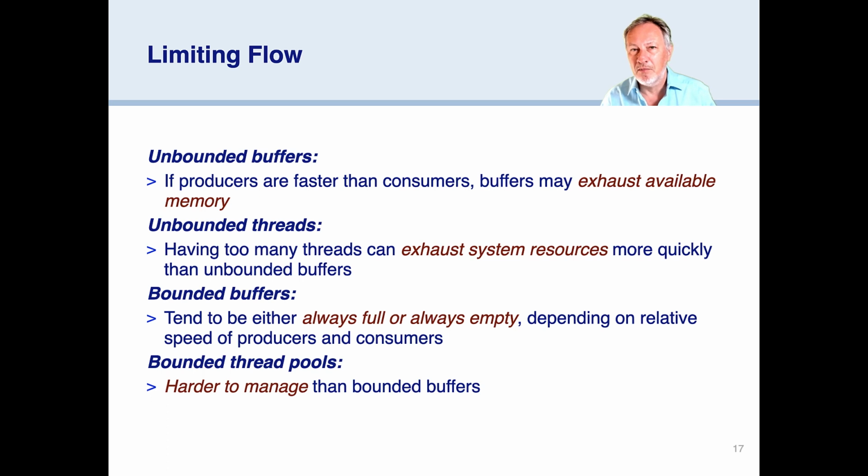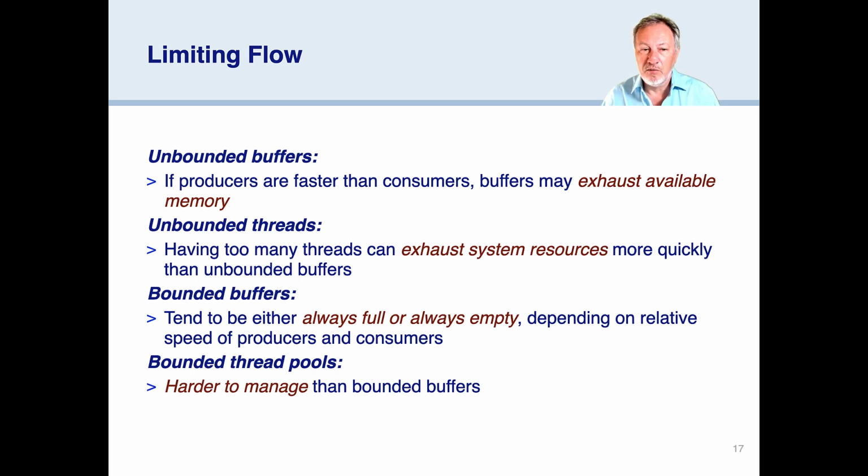The moment a producer puts something in the queue, it'll immediately get gobbled up by the consumer. So having very long buffers is not going to change that situation at all. It's only if producers and consumers are more or less at the same speed that the buffers won't be always either full or empty.